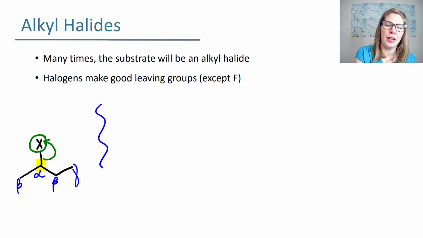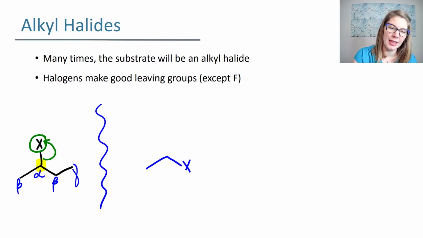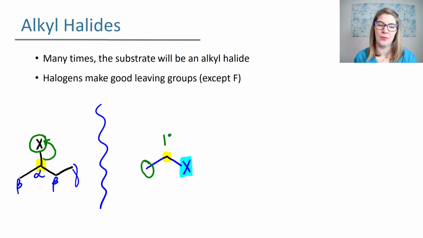When we're considering primary, secondary, and tertiary, a primary alkyl halide will look like this, where you find your alkyl halide, you back up to where that alkyl halide is attached on the carbon structure, and you see, hey, that carbon has one other carbon group on it, so that makes this primary.